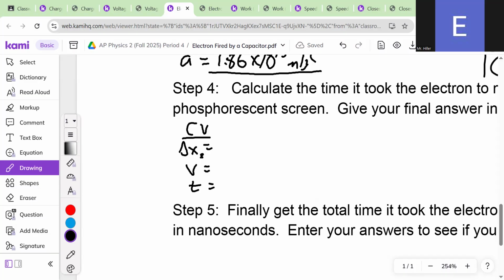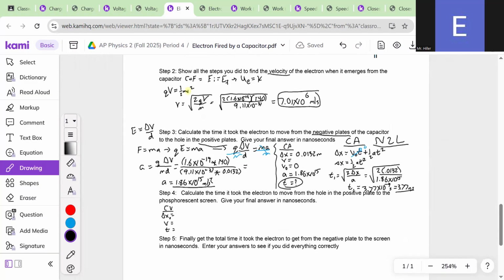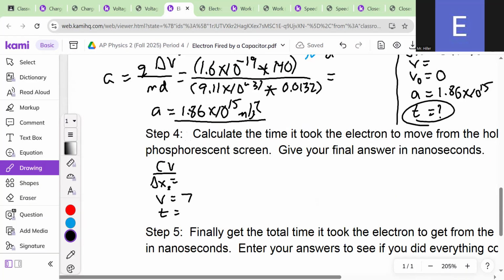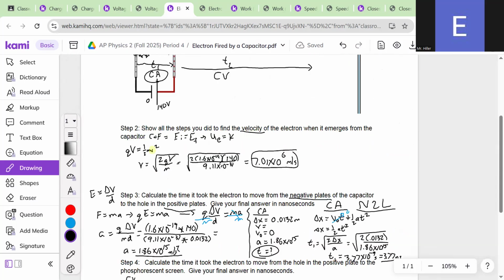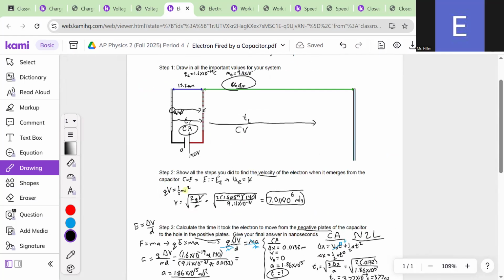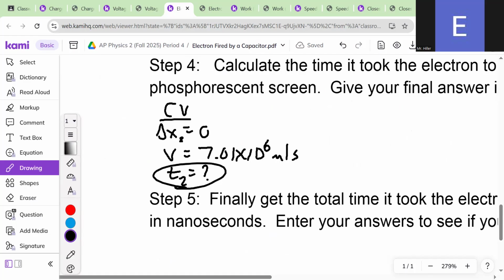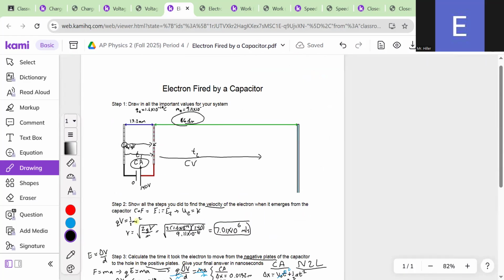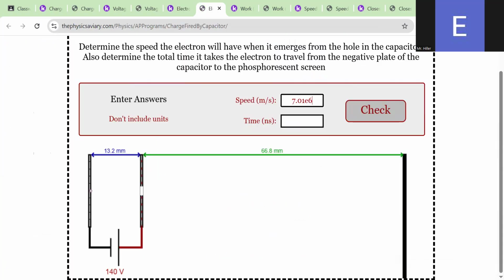The velocity is the speed that we got at the end of step 2, which in my case was 7.01 times 10 to the 6th power. We're looking for T2. And in my case, delta x was this distance of 66.8 millimeters, so 0.0668.